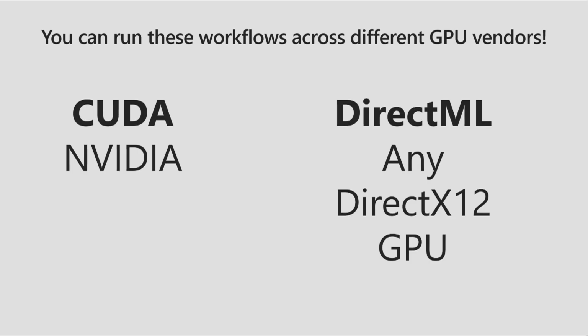This is awesome if you're a student or jumping into machine learning and you want to try it out and maybe you don't have an NVIDIA graphics card directly, because this works with any DirectX 12 GPU. So that demo, I actually ran that on a Surface Laptop 3 to train that AI model, which is also really exciting because it makes it really accessible. No matter what configuration you have on your machine, you can still run Linux workflows, any Linux app using GPU compute.